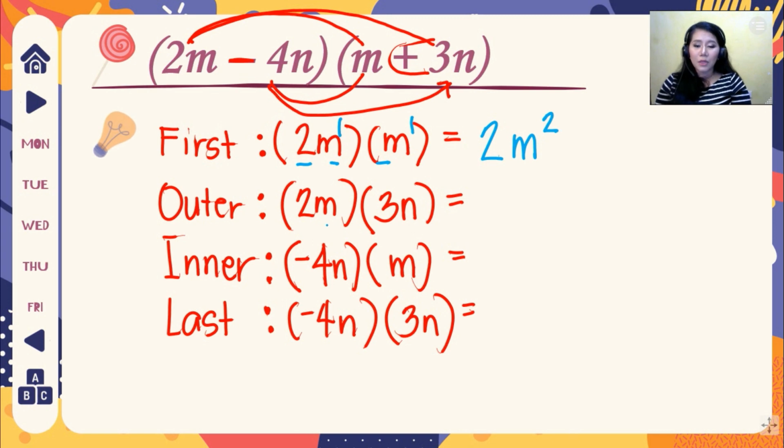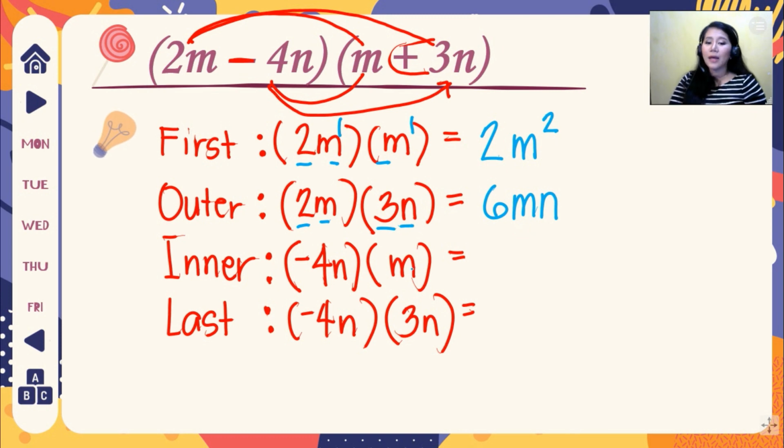The next, 2 times 3, sagot, 6. Mn, magkaparehas, you just copy. Pagdikitin mo lang sila. The next, negative 4 times 1. May invisible numerical coefficient na 1. So, negative 4 times 1, ano ang sagot? Di negative 4. And then, nm.